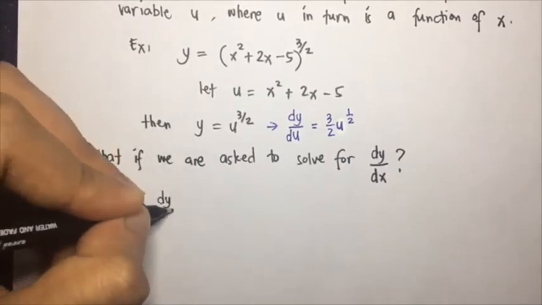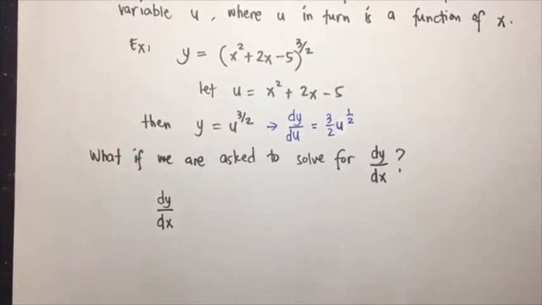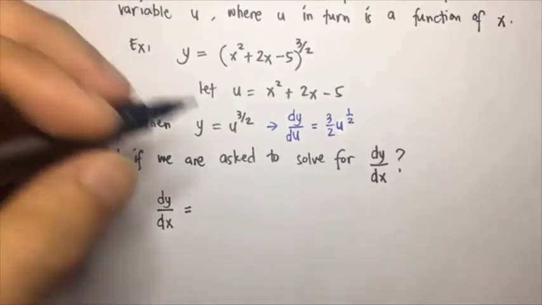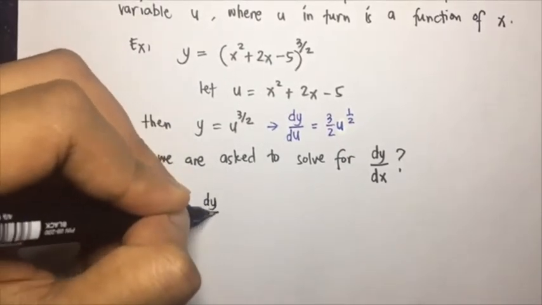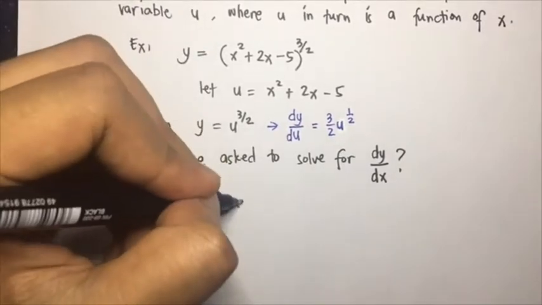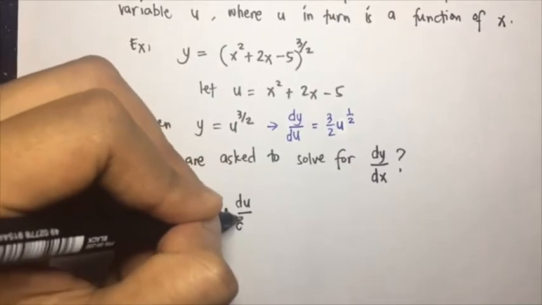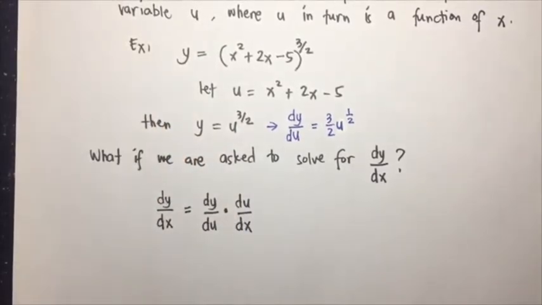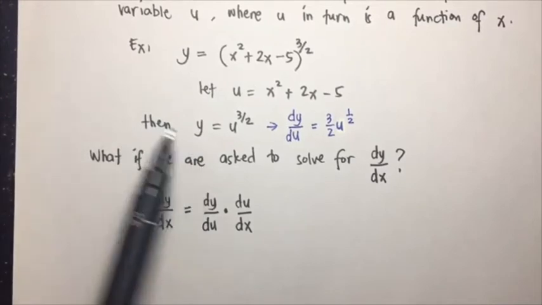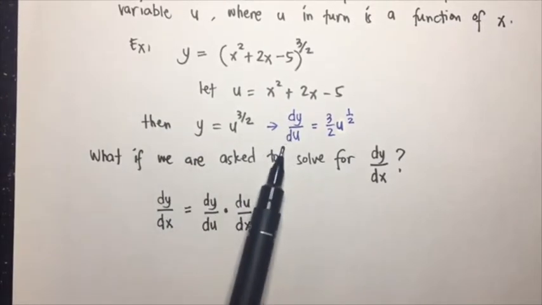If we want to solve for dy over dx, that will be equal to dy over du multiplied by du over dx. In our previous example, we have dy over du.